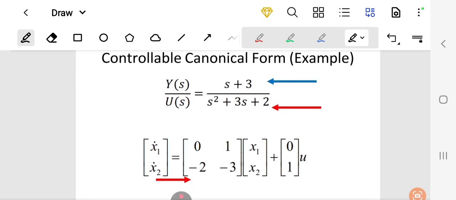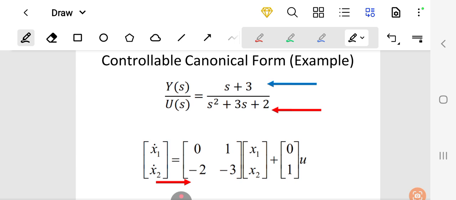Let's see an example, controllable canonical form. Find the controllable canonical form for the given transfer function: s plus 3 divided by s squared plus 3s plus 2. We will take the denominator coefficients with opposite sign from right to left, negative 2, negative 3. It's a second order system, then the matrix is 2 by 2, 2 rows, 2 columns.